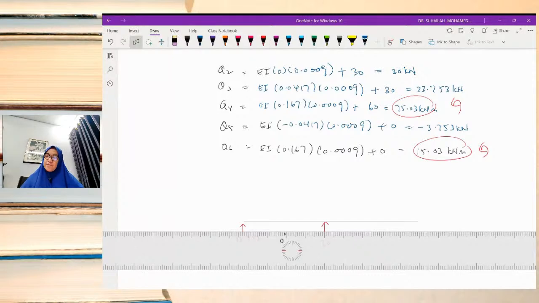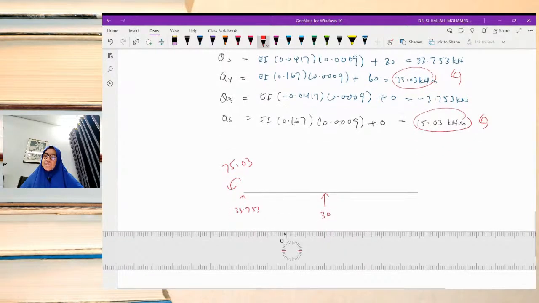So 75.03 for Q4. Q5 is negative 3.753, and the moment is counterclockwise 15.03.